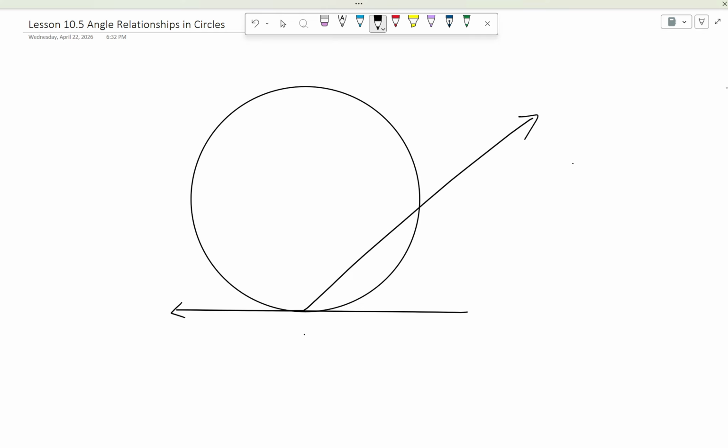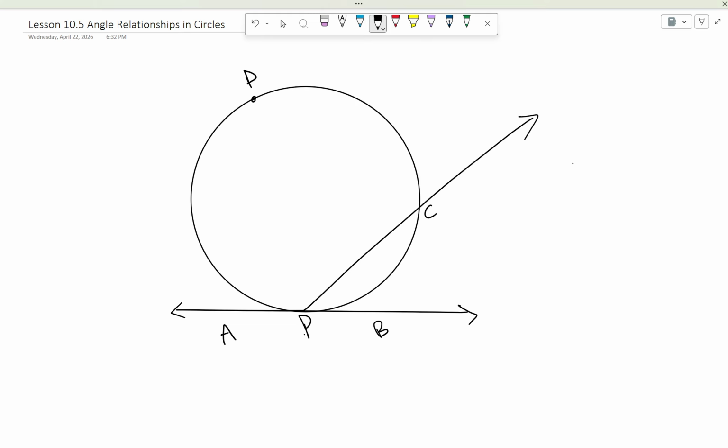So I got a line that has a tangent point to this circle. All right. And this point P is this point of tangency. This is line AB. And then there's this secant line PC. Okay. It's a chord right through the circle. And then I'm going to additionally have this other point D so that I can identify both a minor arc and a major arc.